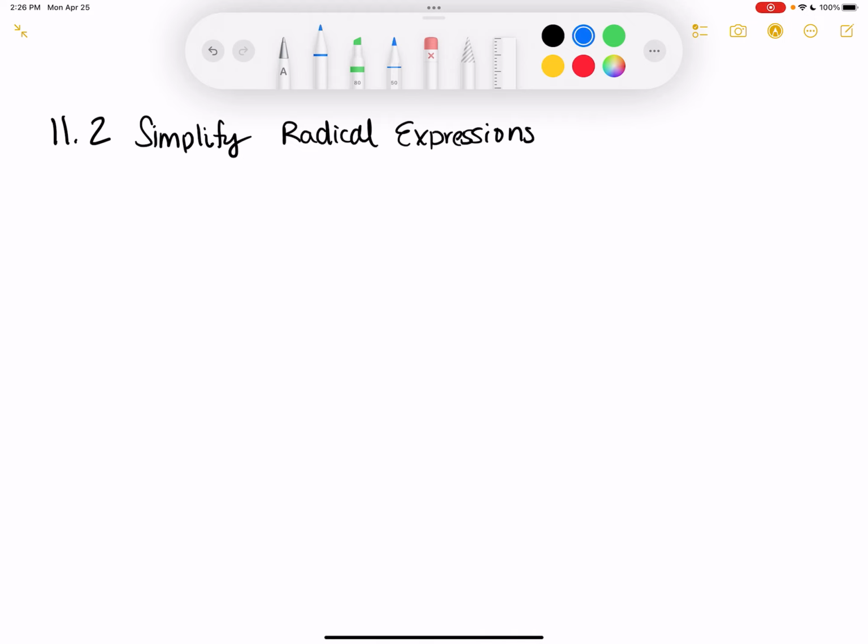All right, a radical expression is in simplest form if the following are true.